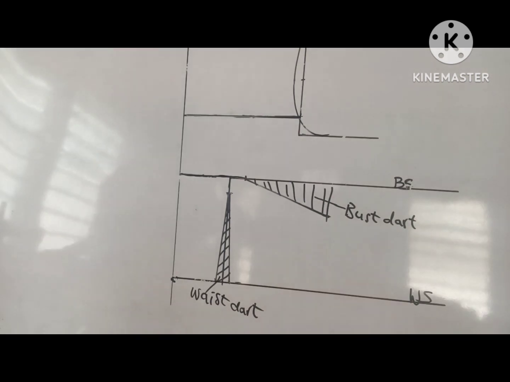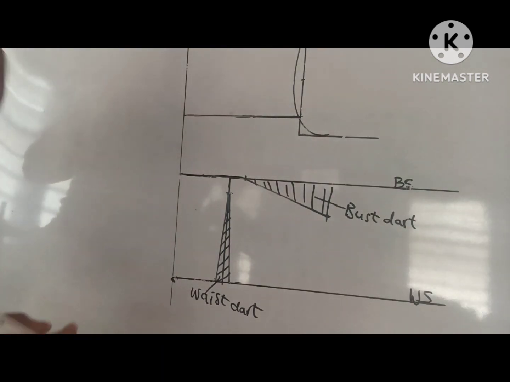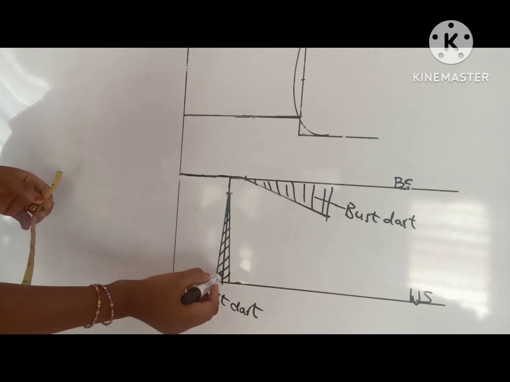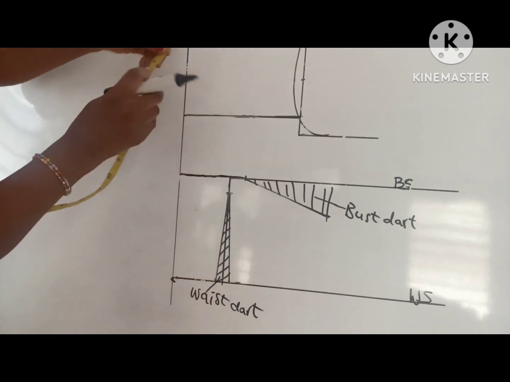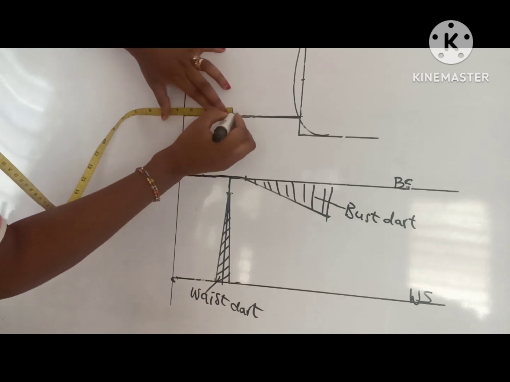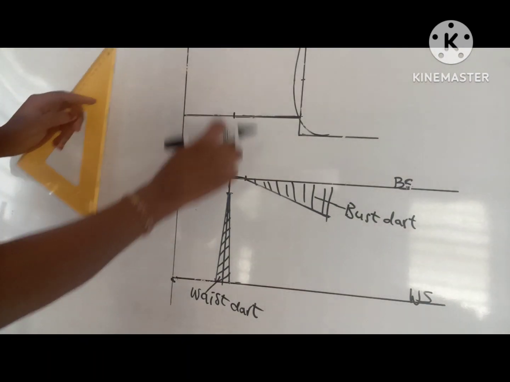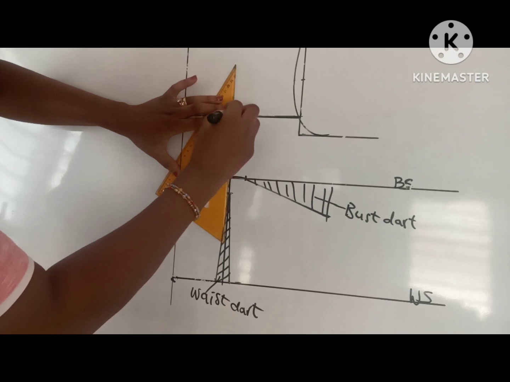I'm calling it chest dart because it will be around the chest area. And then this 3.5 that we place here, we will extend it upwards like this. We put the 3.5 again, and then we connect this line to meet the bust like this.